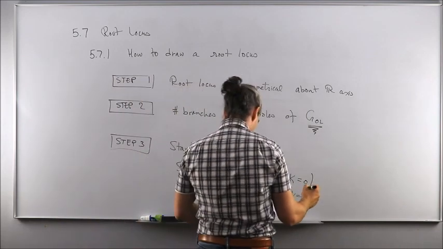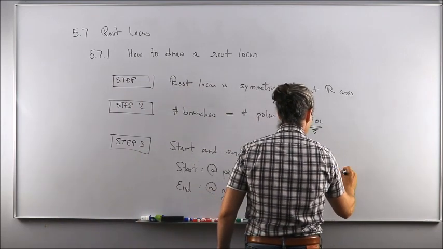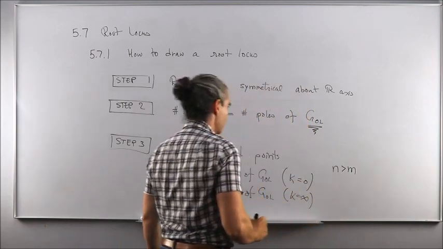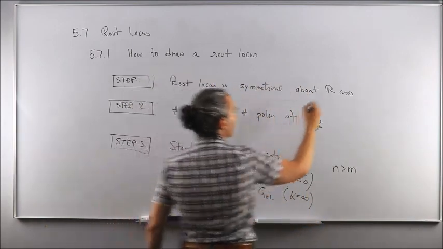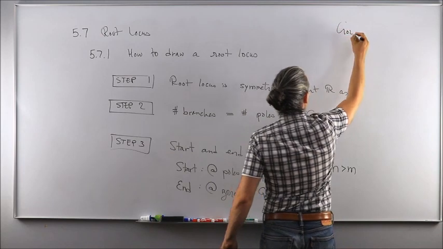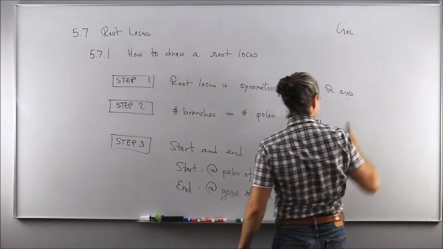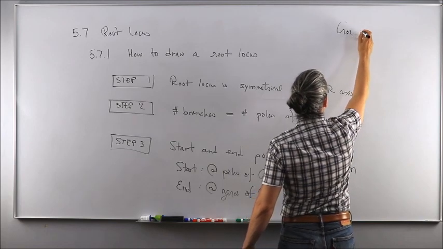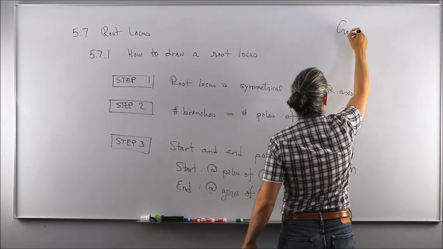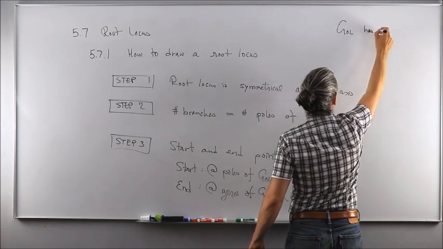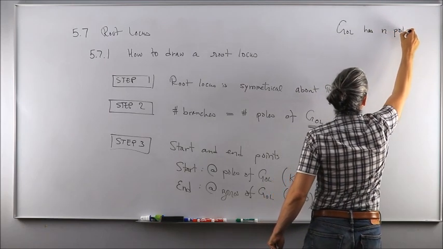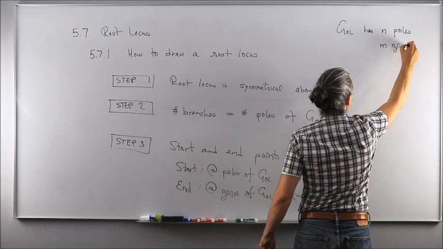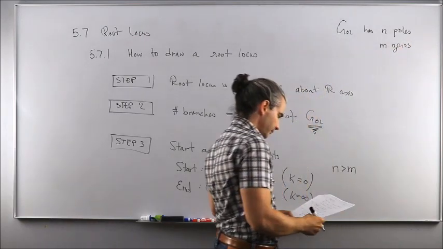So that would be whenever there are more poles than zeros of the open loop transfer function. So I'm going to say that G OL, the open loop transfer function, has n poles and m zeros.